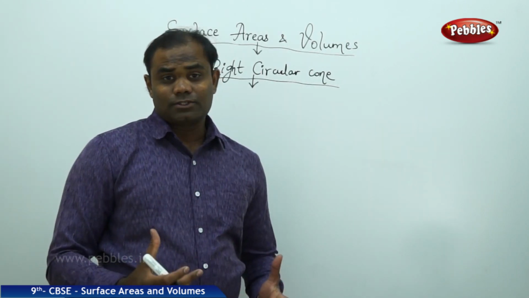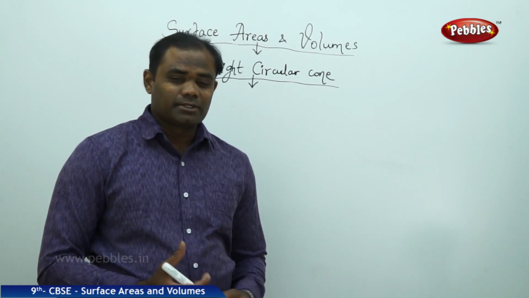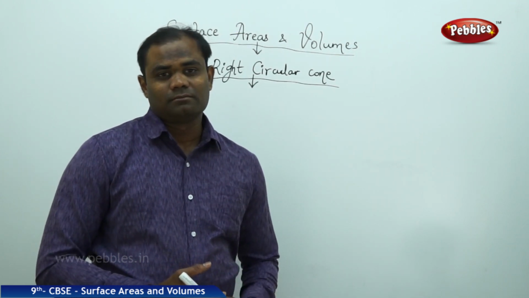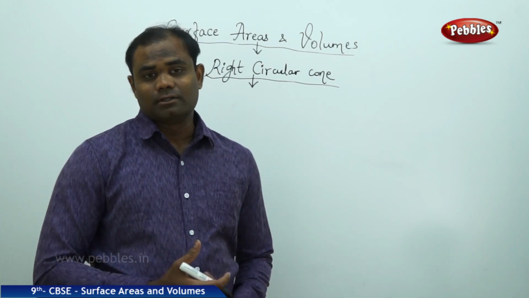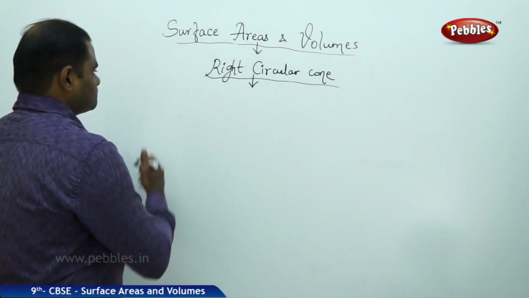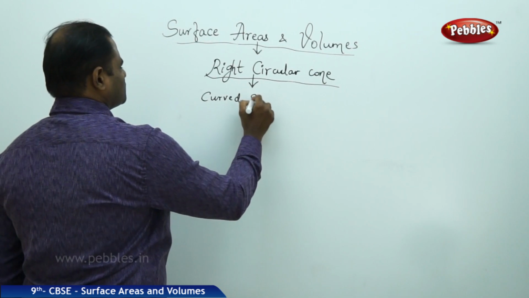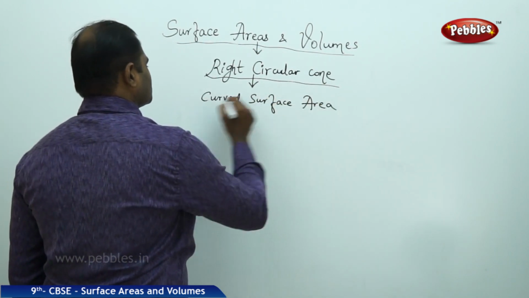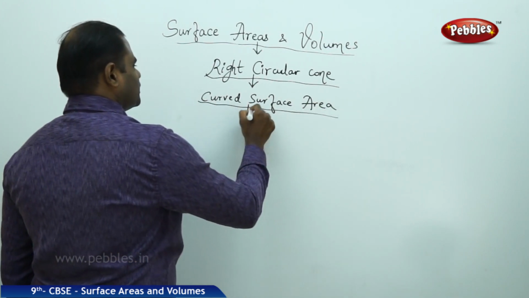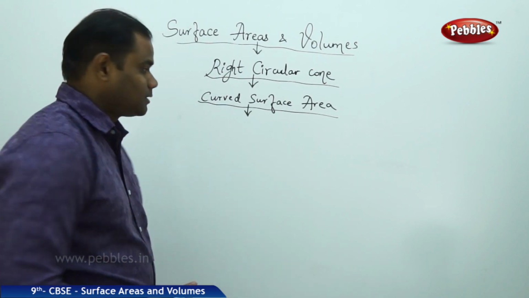Now that we have understood a right circular cone, let's try to understand the curved surface area. What is the curved surface area of a cone or a right circular cone? So this session is about the curved surface area of a cone.